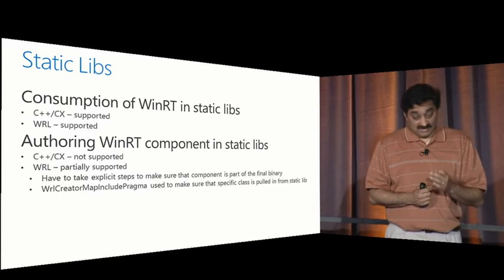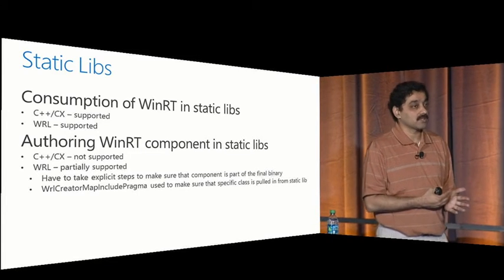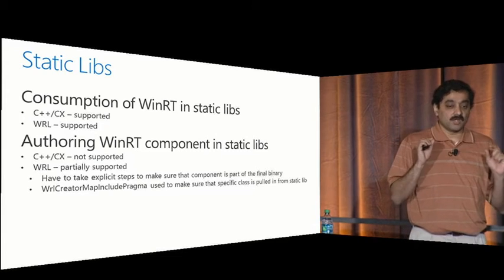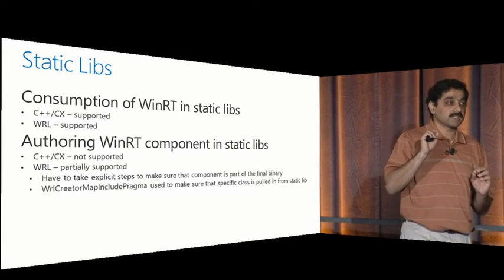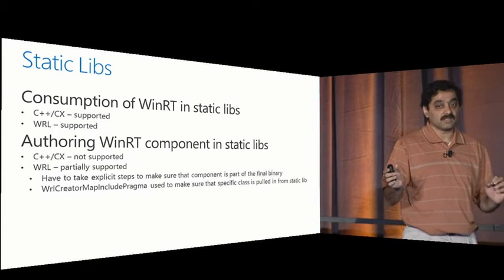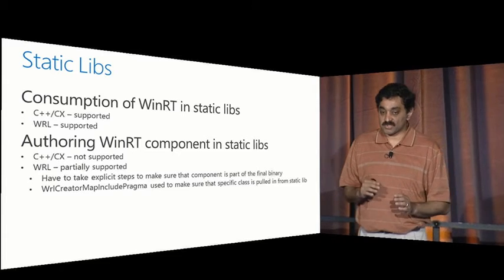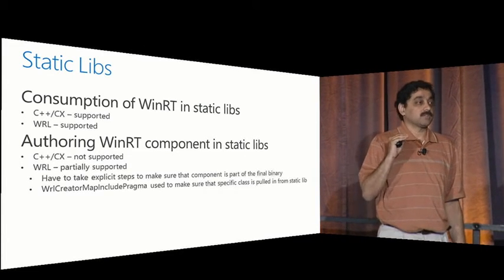How about WRL? It's sort of the same issues that affect C++/CX also affect WRL, but since WRL is more of a library type thing, there are two differences here. In C++/CX, the metadata is part of your OBJ files, whereas in WRL, metadata is not, and that's where some of the issues come in. But some of the issues are common. In WRL, it's partially supported.